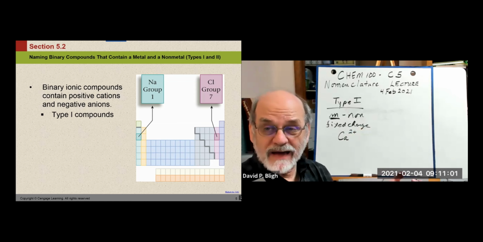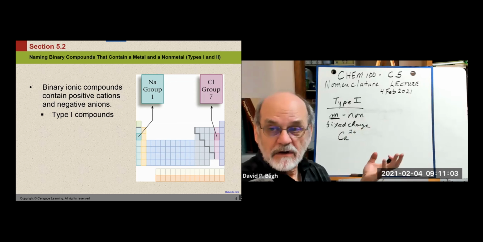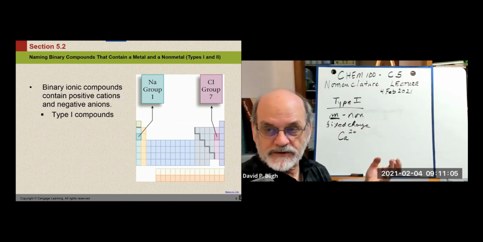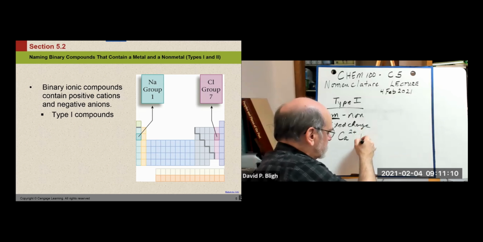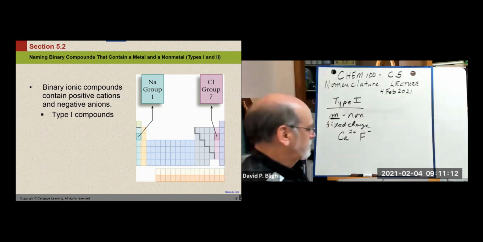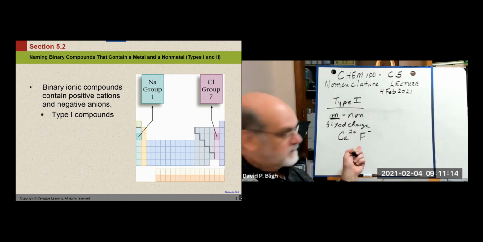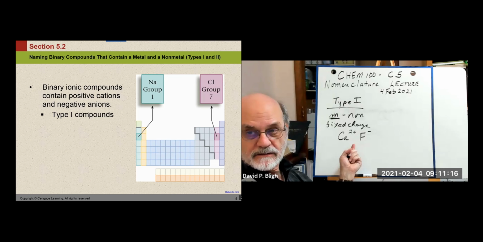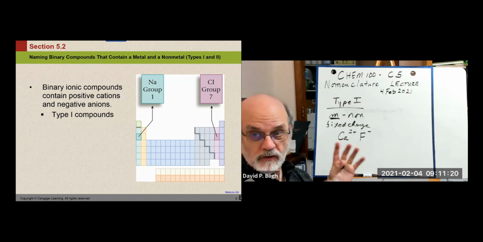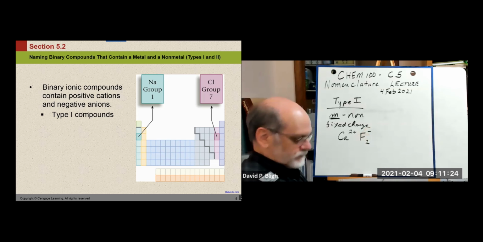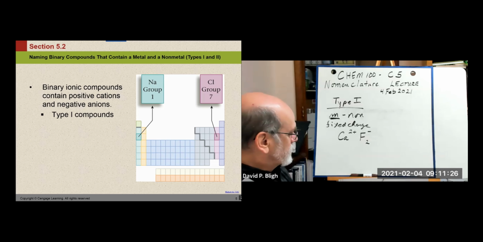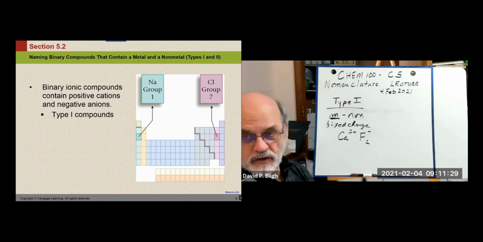Then suppose we combine it with fluorine, which is in the halogens. It's a -1 charge. That charge is not balanced. 2 pluses and 1 minus will not cancel and make a neutral compound. So you need 2 of them. So when you write the compound, of course, you don't put the charges in.